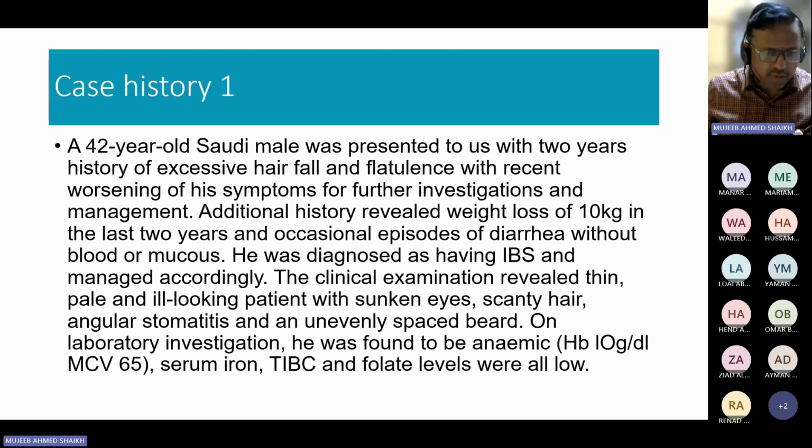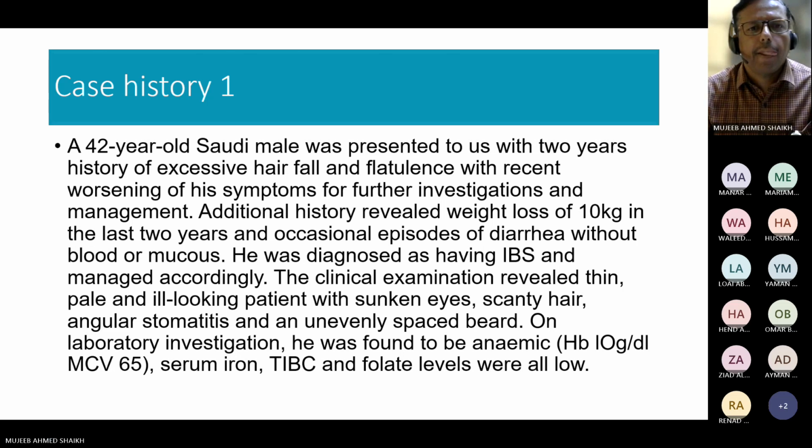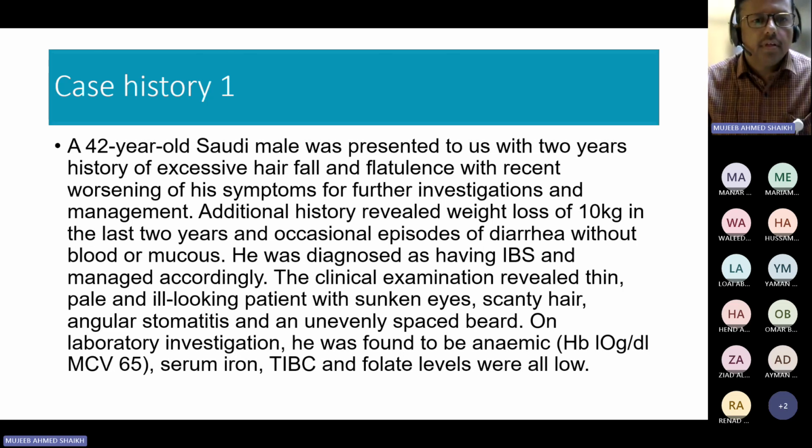Stomatitis means inflammation of the oral cavity, and an unevenly spaced beard. The beard has scanty hairs, not much hair. When the doctor advised lab investigations, he was found to be anemic.